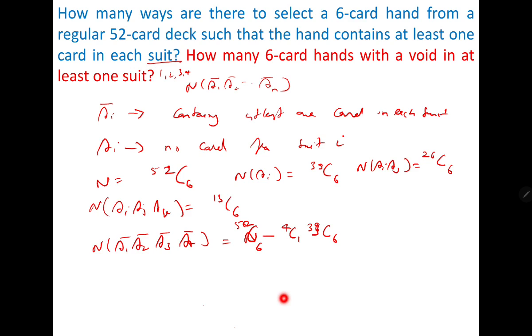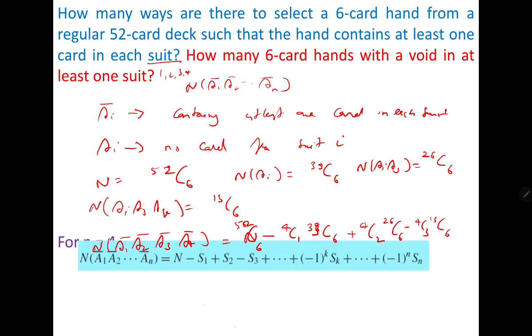Then plus 4C2 times 26C6, because I am taking two sets at a time, minus 4C3 times 13C6. So this is the required answer.